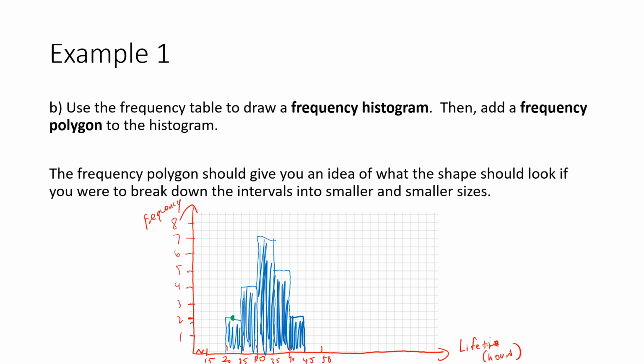So it's right here, here, here, here, and here. Then we connect them to the horizontal axis by pretending that there's another interval to the left and the right and connecting the midpoint of that, like so. Then we can use lines to connect them. So this right here is a frequency polygon.